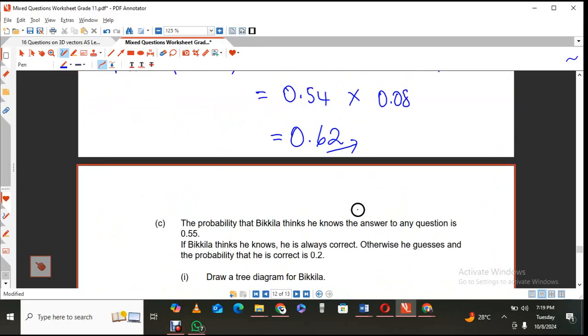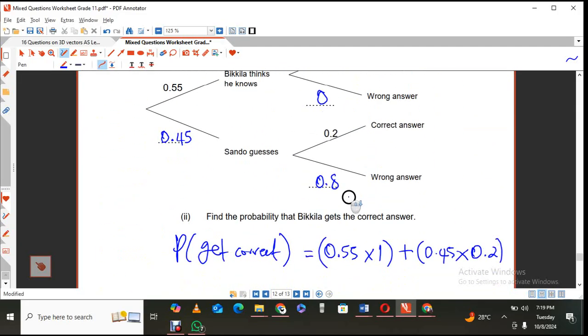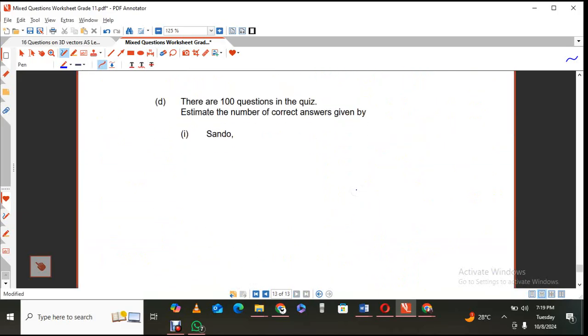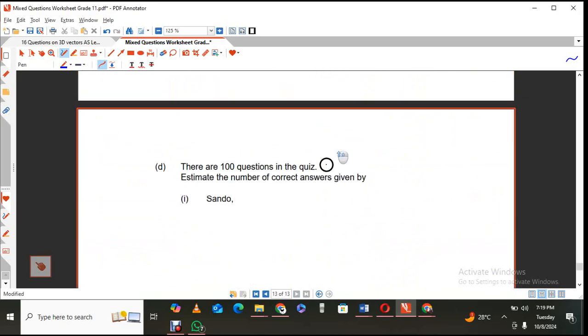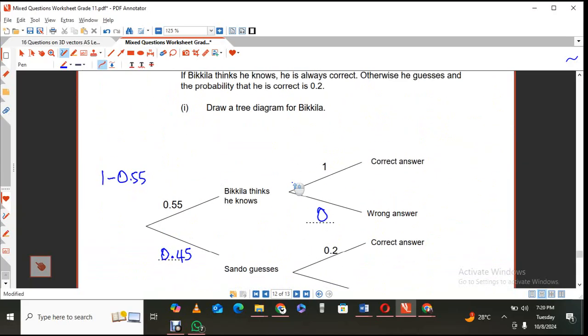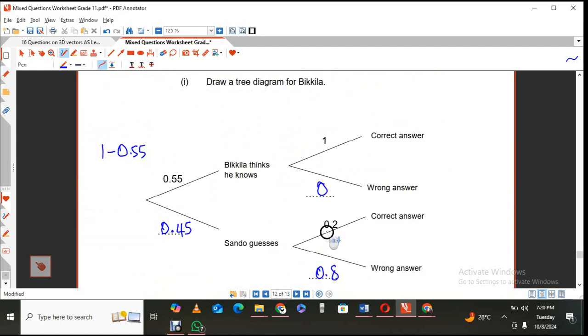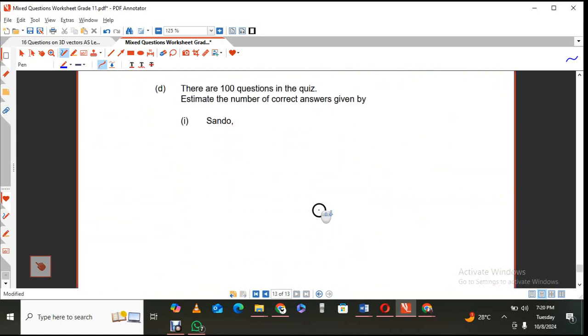Good. So you can slightly see by comparison that Bikila is slightly better than that. So we are now told that the course is out of 100. We know already from our previous answer that Sando, when he gets everything correct, is 0.62. So we just simply take that 0.62 for Sando. Then you multiply by 100.